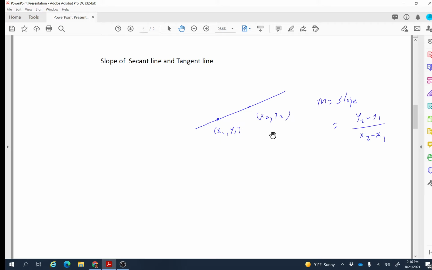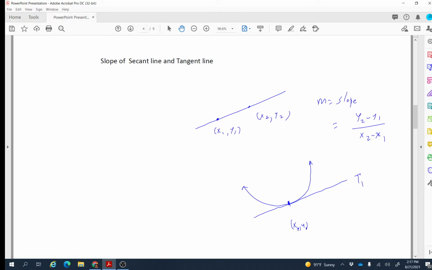So look here, let's say this is a graph, and I would like to find the slope of the tangent line at this point, (x1, y1). This is the line, let's say t1, the tangent line at point (x1, y1).